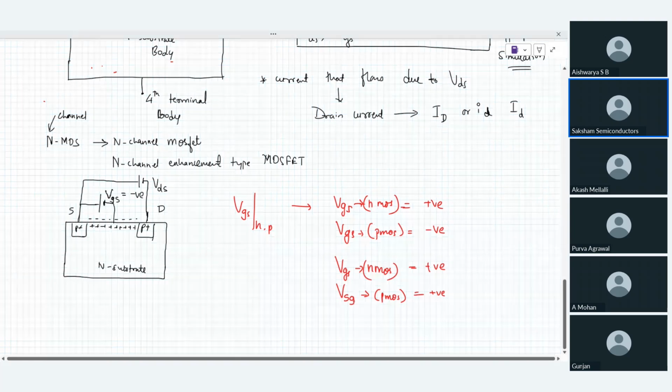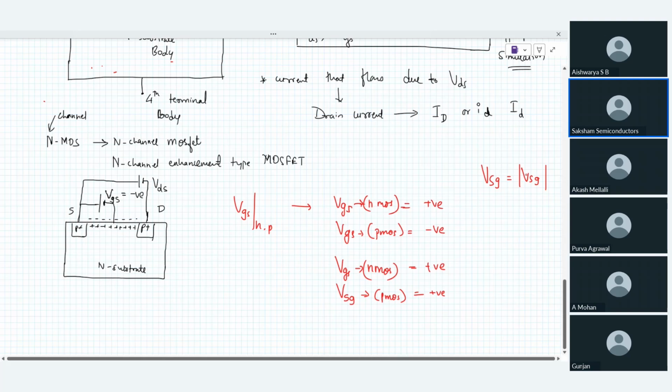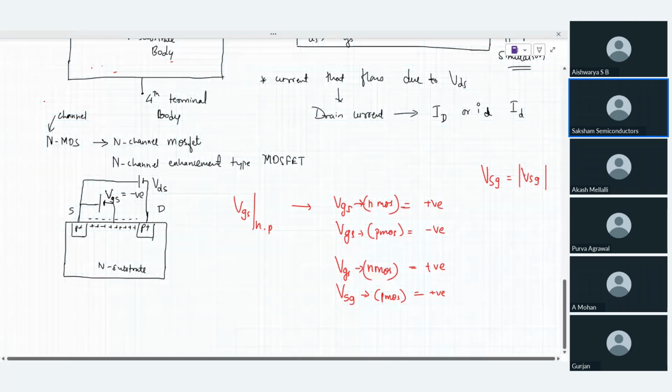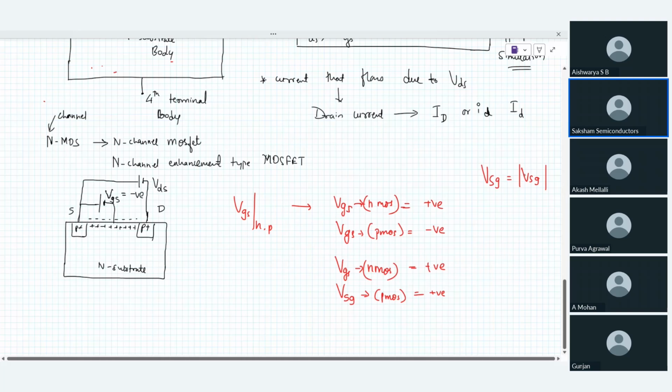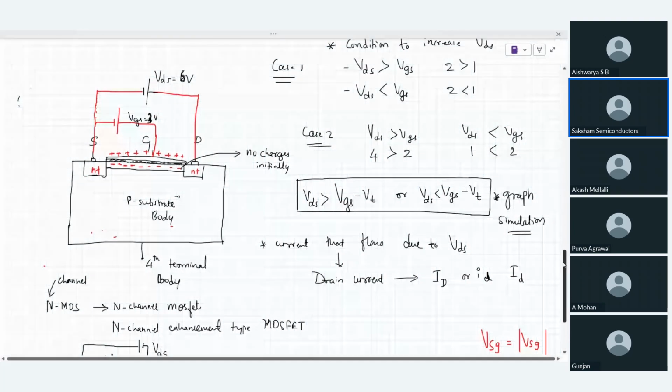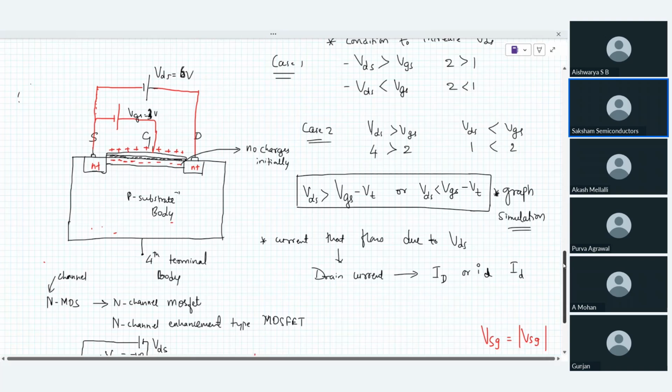Sometimes they write the modulus of that, even to avoid the confusion. Even if there is a negative voltage, you just consider it as a positive voltage and do the analysis. At the end, you just change the polarity of the current, because here the current is flowing due to the positive charges, and there the current is flowing due to the negative charges. So that is the nomenclature. You can name it and analyze it in whatever manner, but the concept is going to remain the same. Usually we go with the N-type MOSFET and do all the analysis.